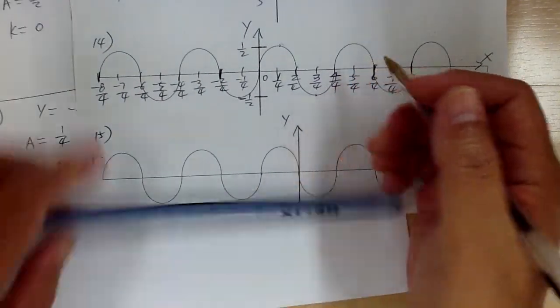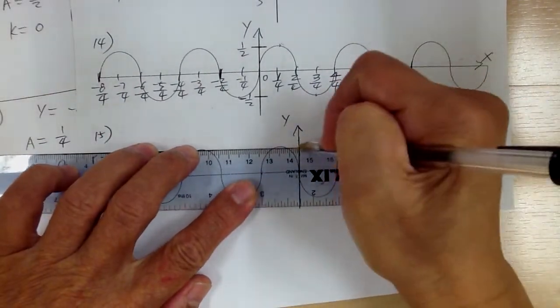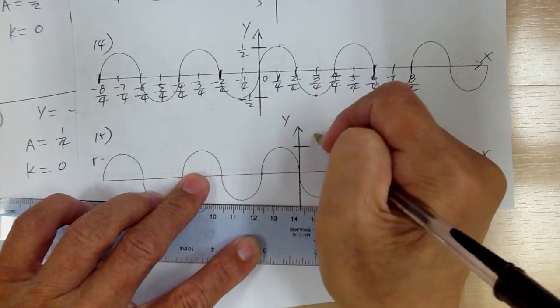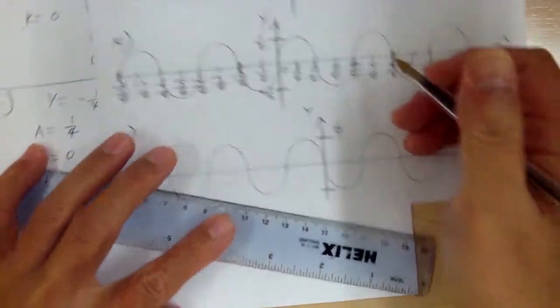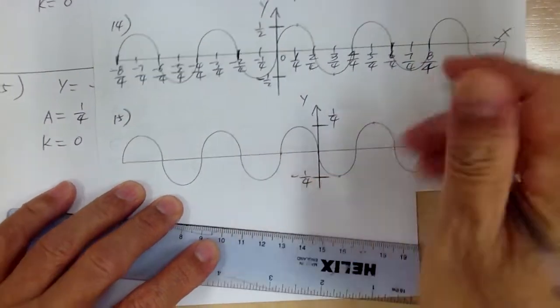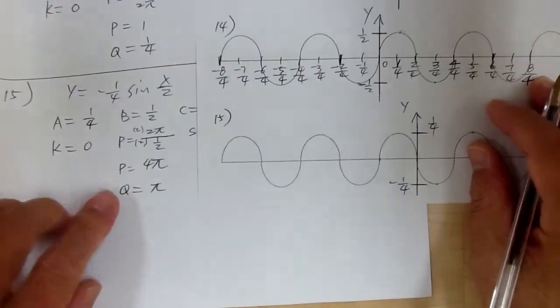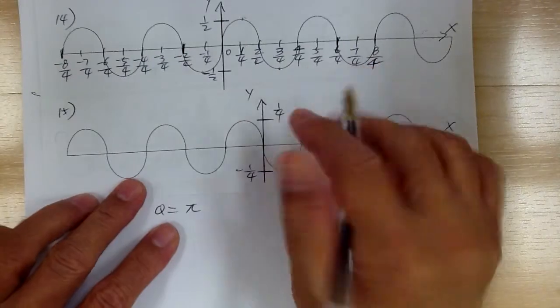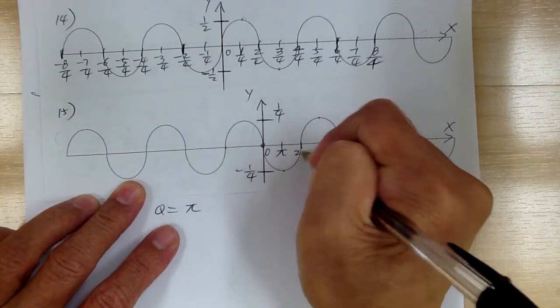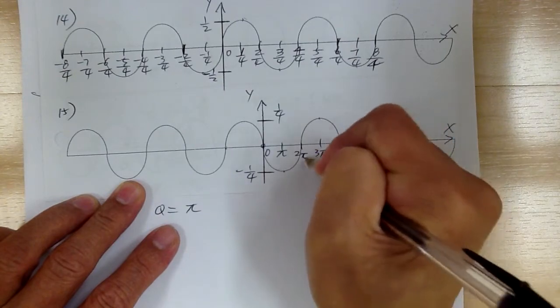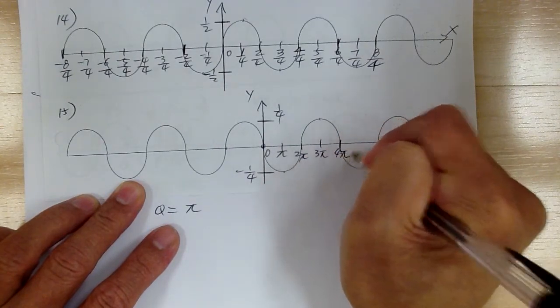And again, get your amplitude. So this would be 1 over 4, and this would be negative 1 over 4. And then q is pi. So start at 0, pi, 2 pi, 3 pi, 4 pi.